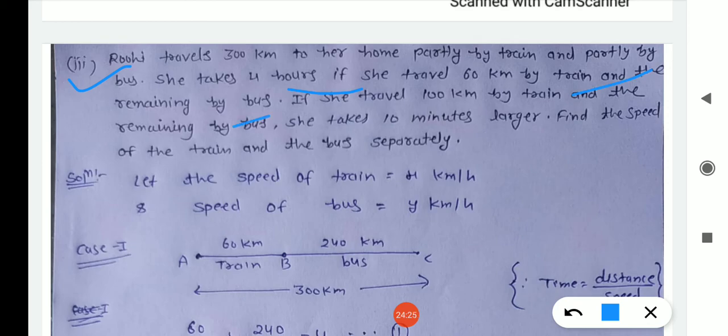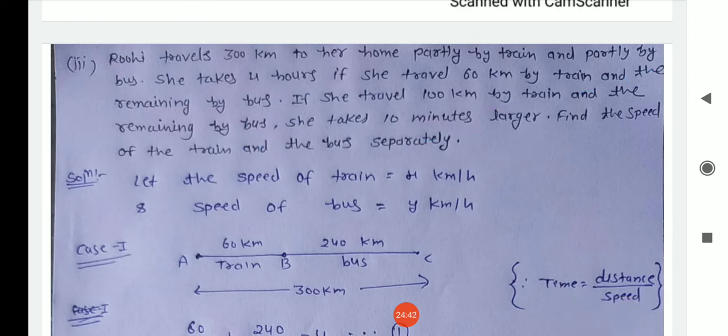If she travels 100 kilometer by train and the remaining by bus, she takes 10 minutes longer. Find the speed of train and bus separately.